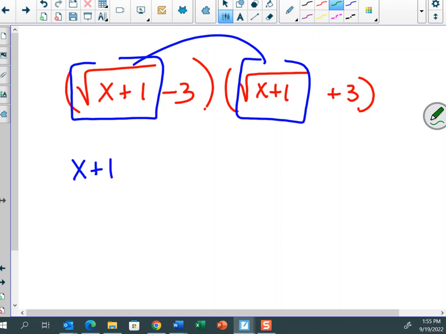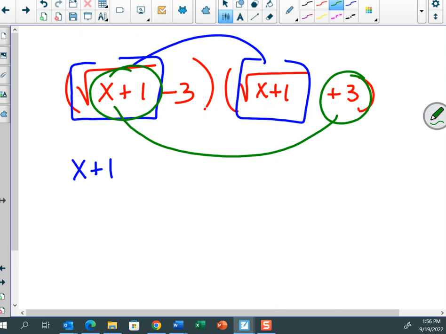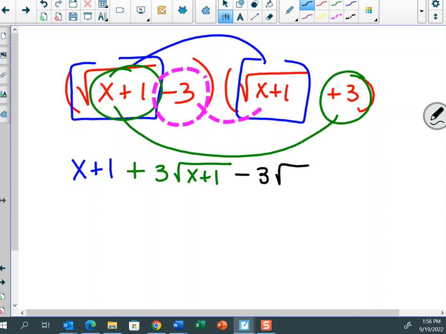And then, and this is the part I didn't show, so I'm lazy, when I go outsides, and I'll use green, my outsides are a 3 times the root of x plus 1. And then my insides are a minus 3 times the root of x plus 1.